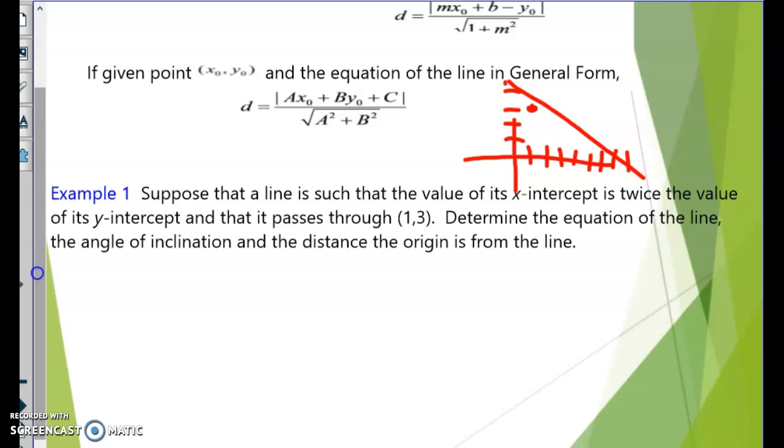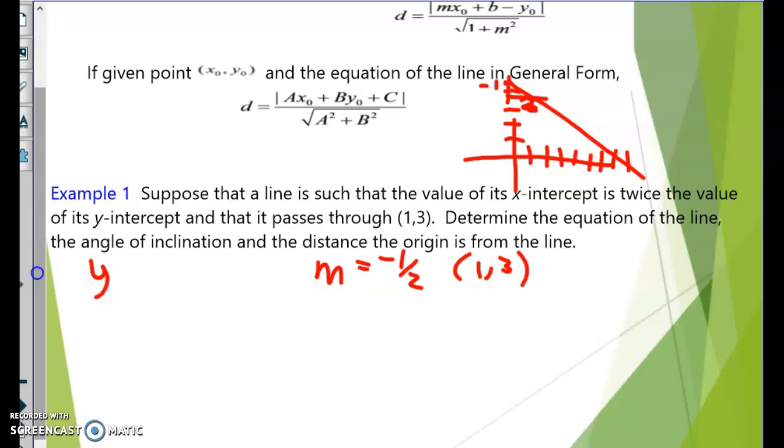So let's see if we can come up with that equation. The first thing that I know is that my slope, if I'm going down 1, I'm going over 2. So my slope has got to be negative 1/2. And if it goes through the point 1, 3, that seems like the perfect setup to use the point slope form.